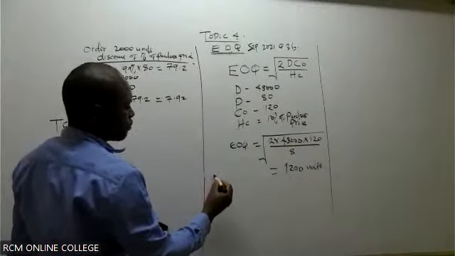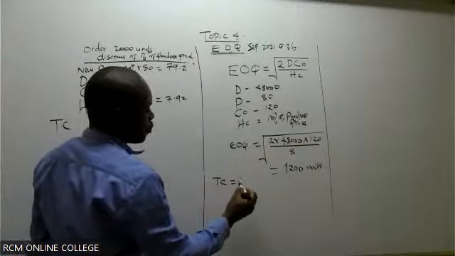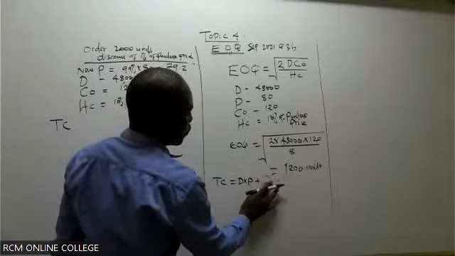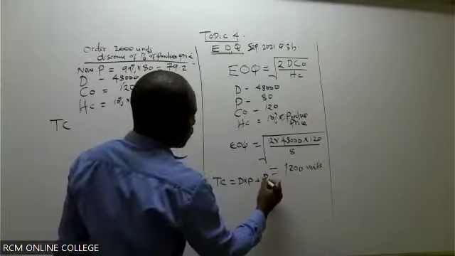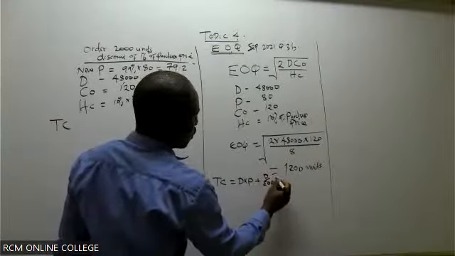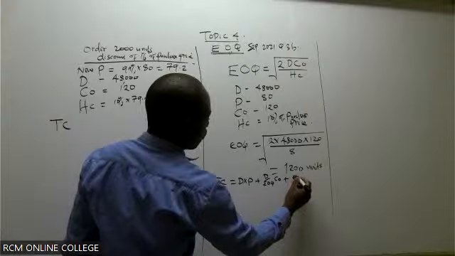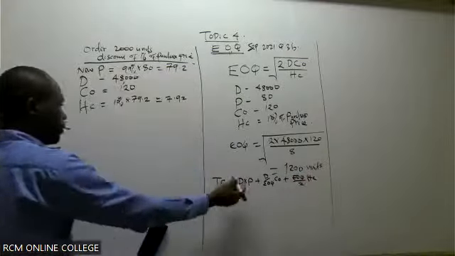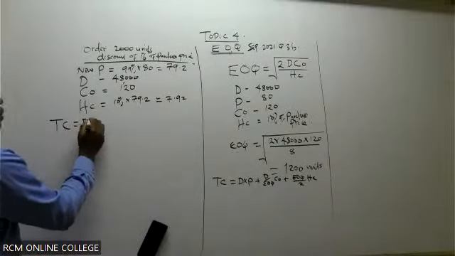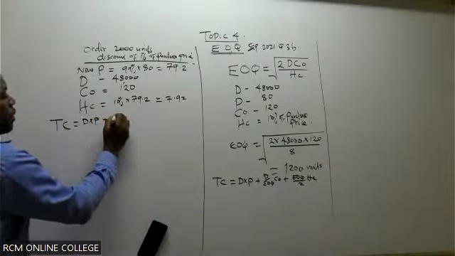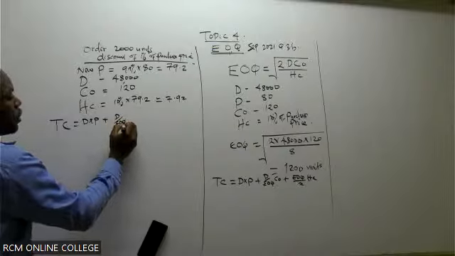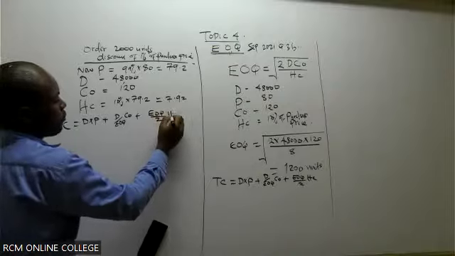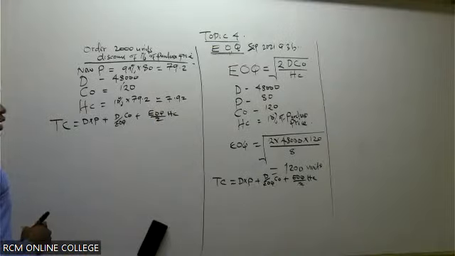So total cost is equal to demand times purchase price plus demand divided by economic order quantity times ordering cost plus economic order quantity divided by 2 times holding cost. The same will apply here.